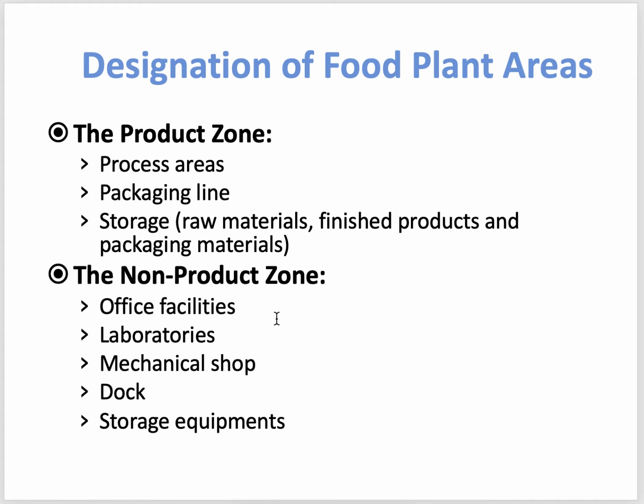So laboratories belong to the non-production zone. And also the mechanical shop. Usually industries have a mechanical shop where they repair all the instruments. If any instrument goes wrong, they take those machines into the mechanical shop for repair.